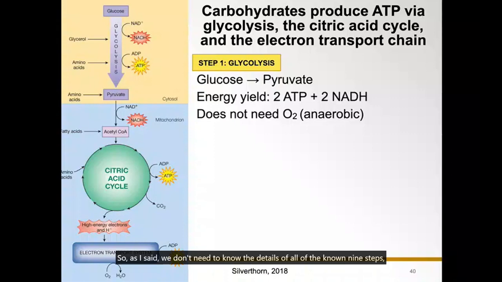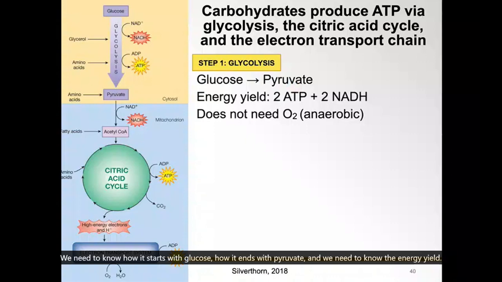As I said, we don't need to know the details of all of the 9 chemical reactions that happen between glucose and pyruvate. What we're focusing on for the purpose of this course, we need to know the name of the reaction. We need to know how it starts with glucose, how it ends with pyruvate.